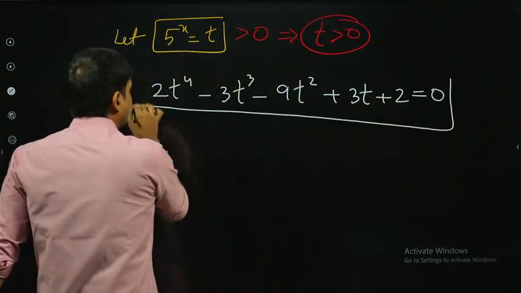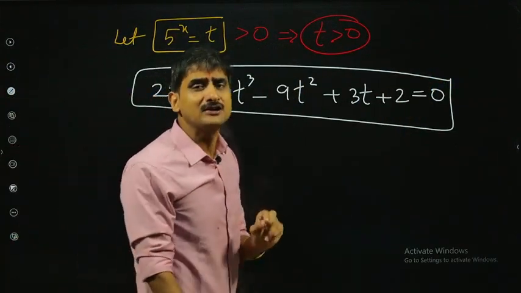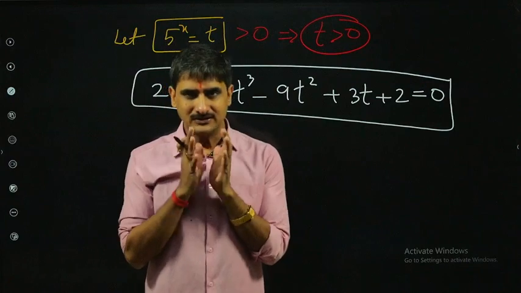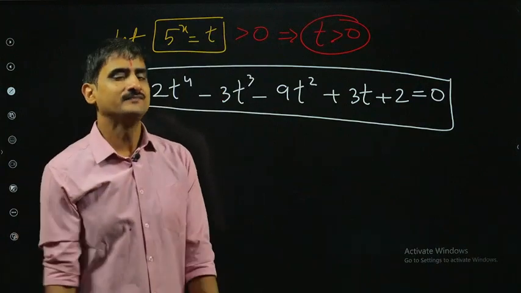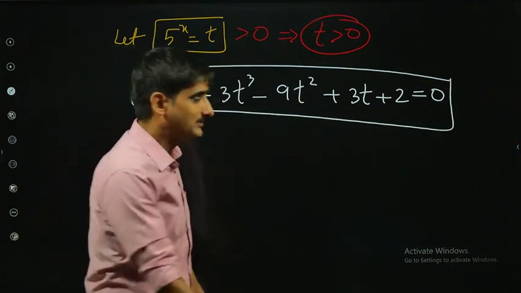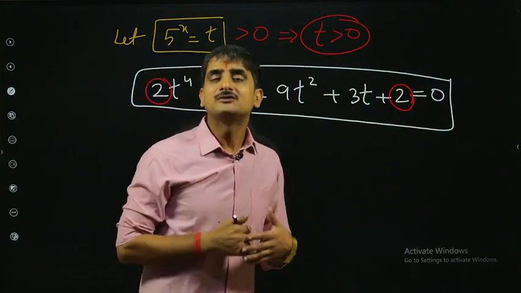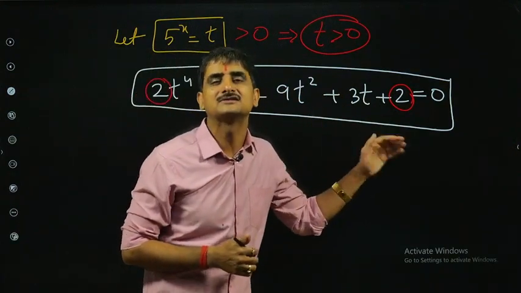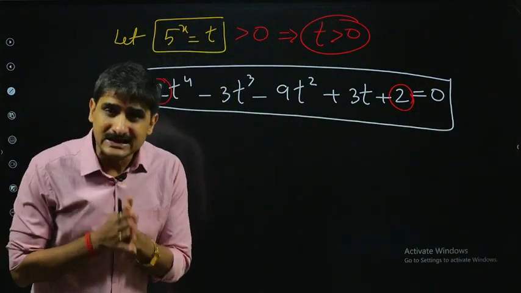Okay, now that's the type of question which I was talking about, and that is if you have an even degree polynomial. So listen to me very carefully, bachcho. If you have an even degree polynomial such that the coefficient of the highest degree term and the least degree term, the constant, is exactly the same, and the coefficient of the second highest degree term and the linear term are the same in magnitude.